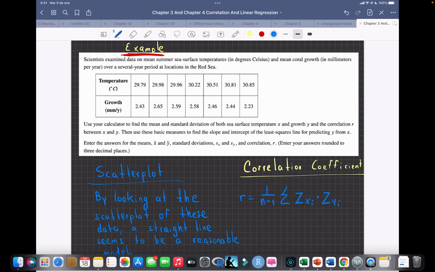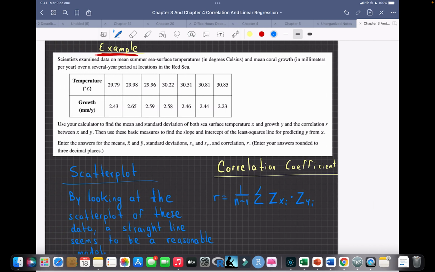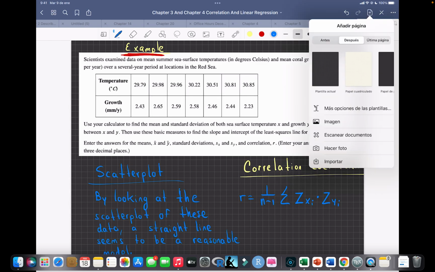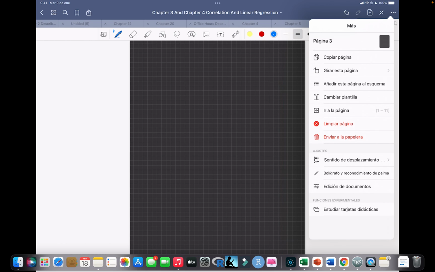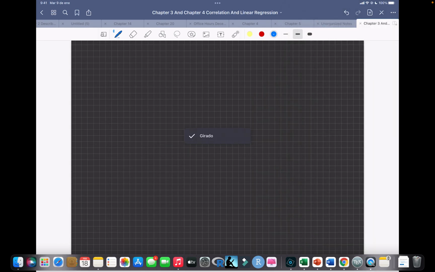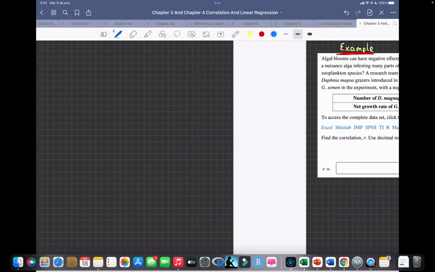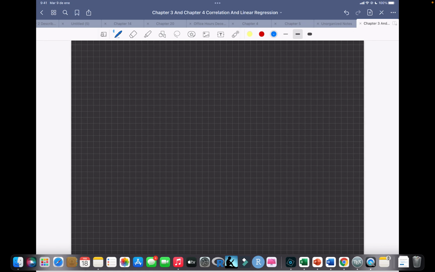And what is each of these concepts? Well, first, let me write it here. Let's see that example. First, be careful.